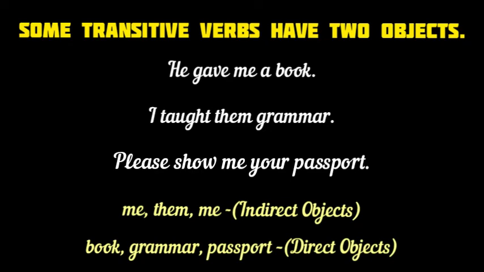In these sentences, the first objects, me, them and me, which denote human beings, are called indirect objects in English grammar, while the second objects, a book, grammar and your passport, which denote non-living things, are called direct objects in English grammar.